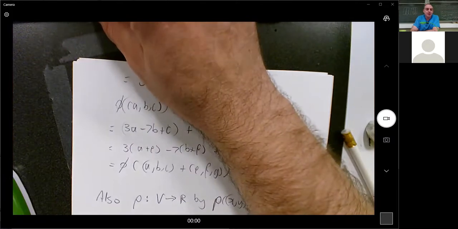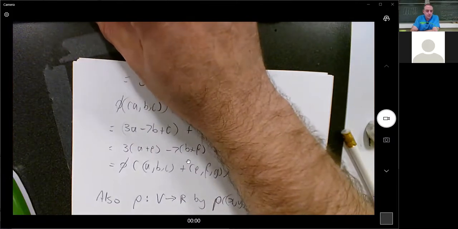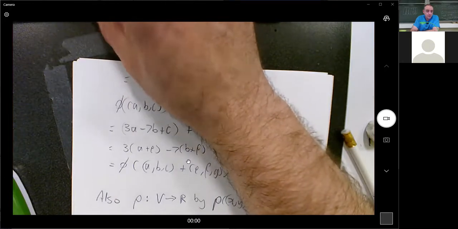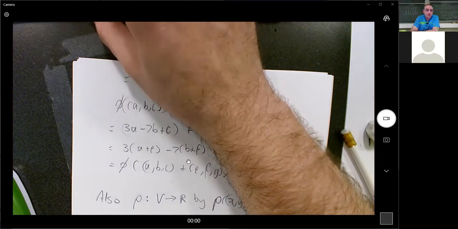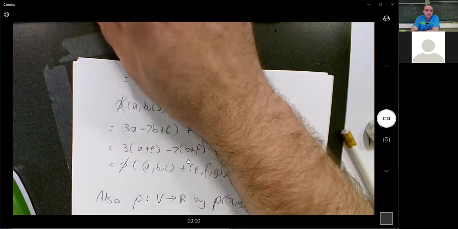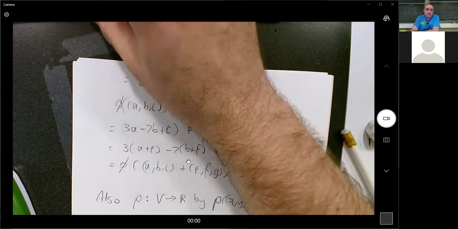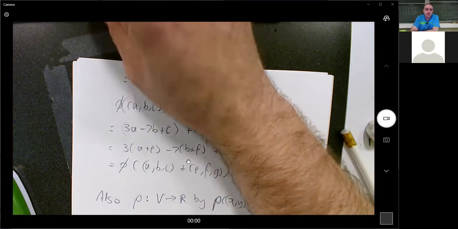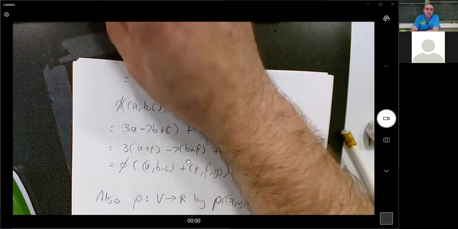Let me just have a look at the notes. Okay. I have lost my place. What page are you looking at? Yes, I'm much further along than that.